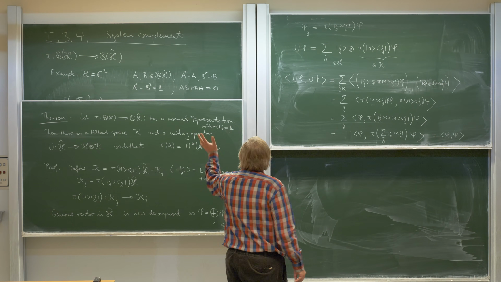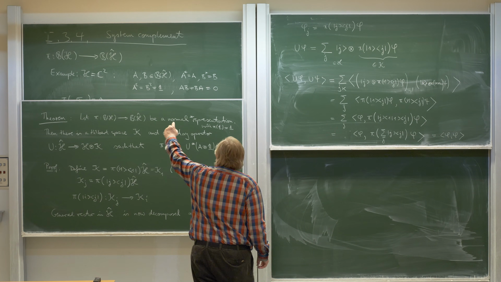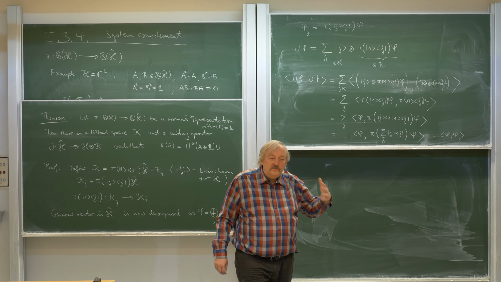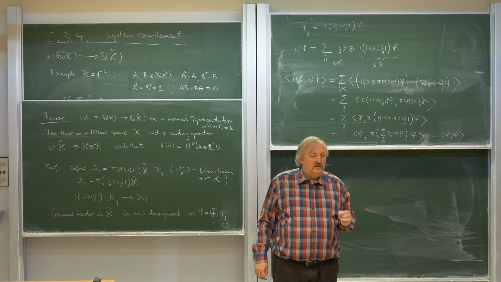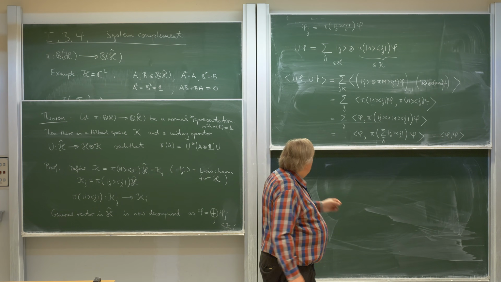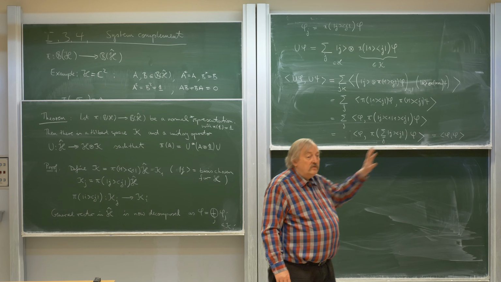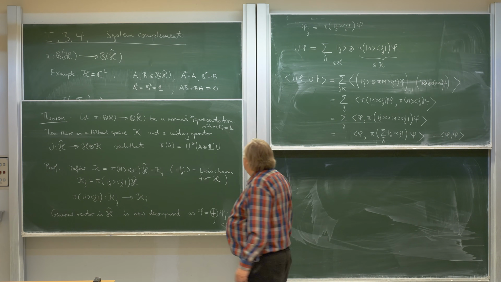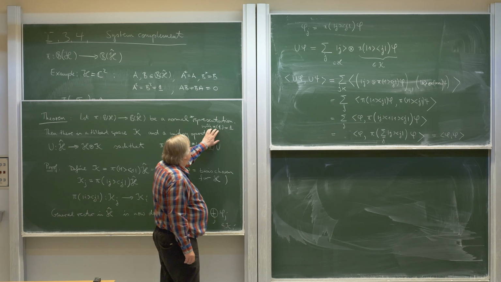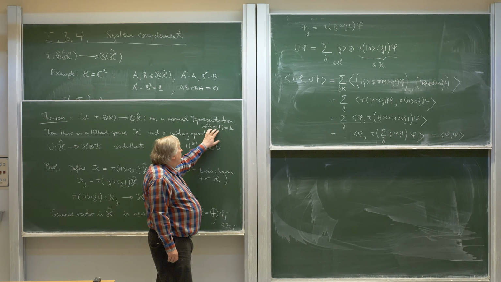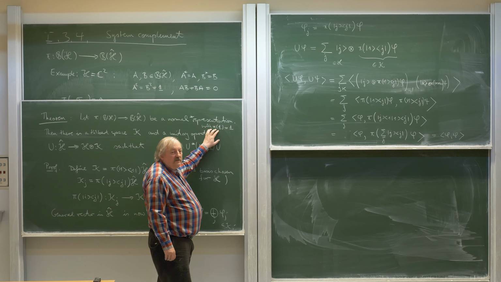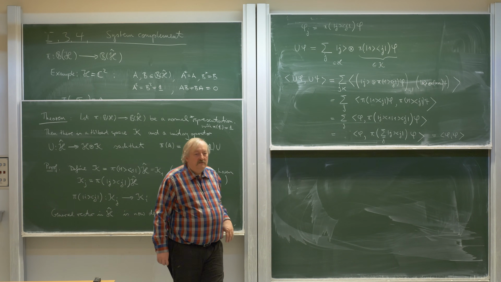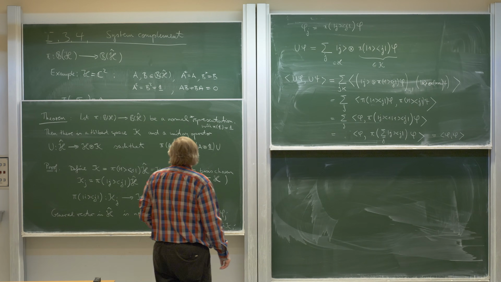So this whole game would work, and the representation would go to operators on the subspace to which this projection projects. And then everything would go through, and on the rest, the representation is just 0. So if I drop this, the only thing I get in addition is a direct sum with a 0 representation. Okay.